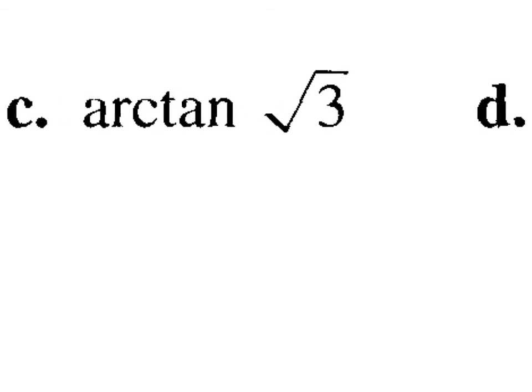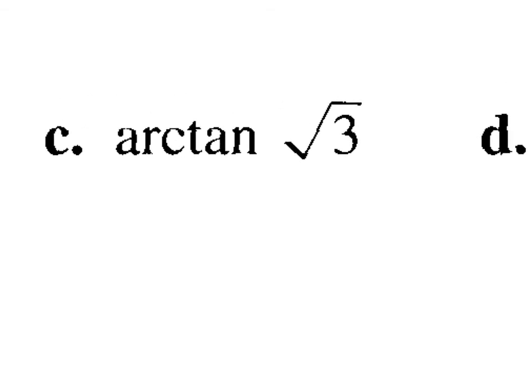How about arc tangent of radical 3? What's the range for arc tangent? -pi/2 to pi/2. So an arc tangent's positive, so I know it's in the first quadrant, not the fourth. So where is the tangent √3?